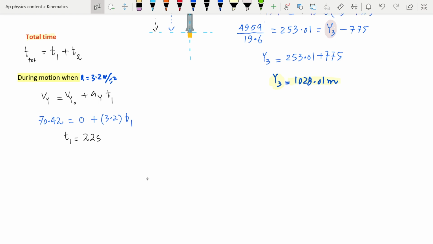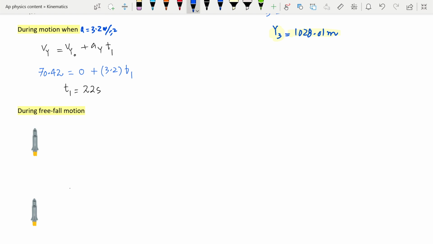But during free fall motion, dear students, at this point the initial velocity is 70.42 meter per second, whereas at the top the velocity is 0 meter per second. Acceleration due to gravity is negative 9.8 meter per second square. So let's apply vy is equal to vy0 plus ay t2.